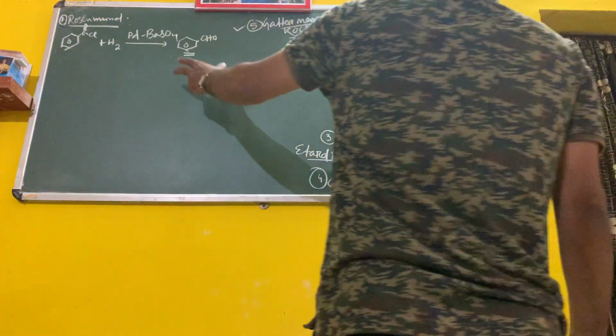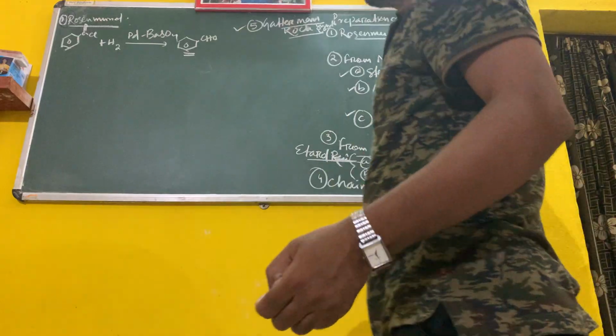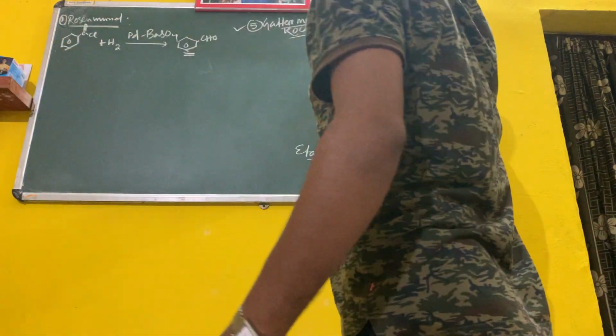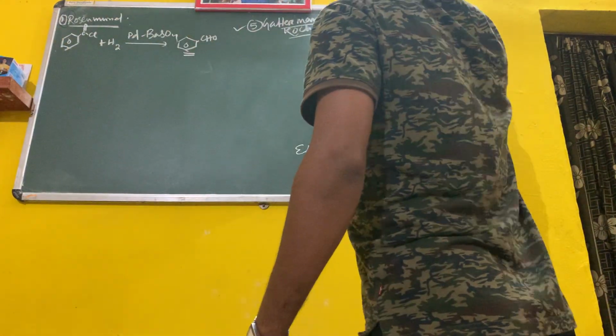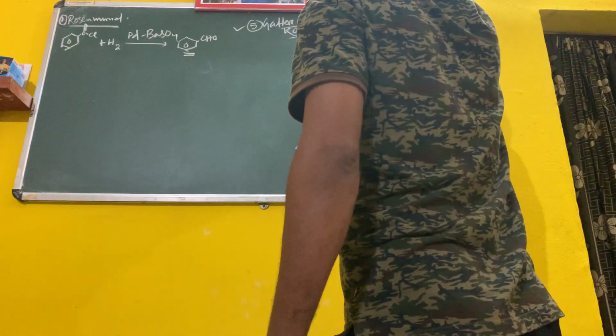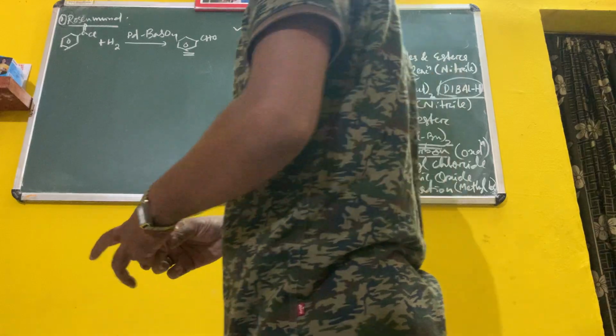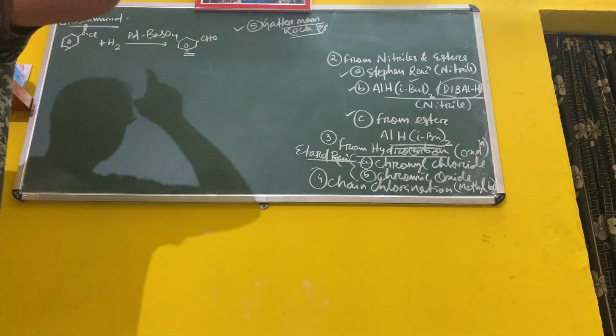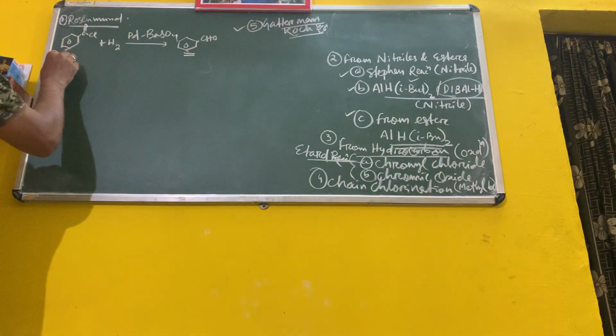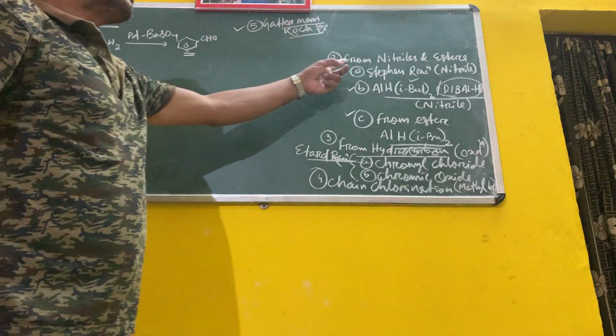So this is the Rosenmund reduction. Then the second one is from nitriles and esters.